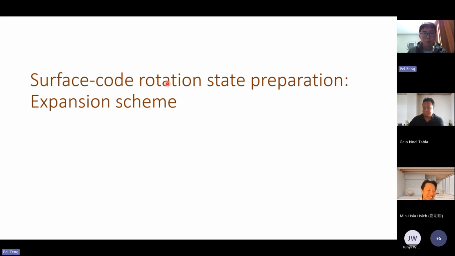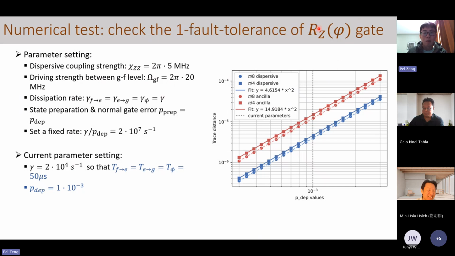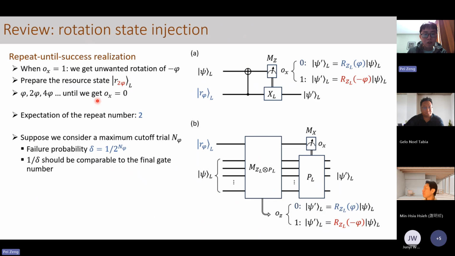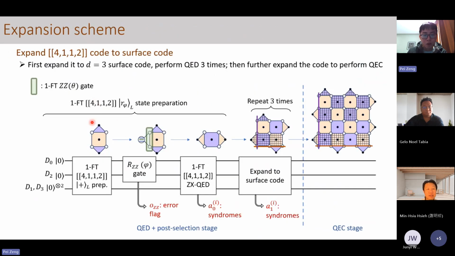How can we perform a rotation gate? We propose two methods. The first one is called the expansion scheme, where you expand this code from the 412 code gradually to a large surface code.